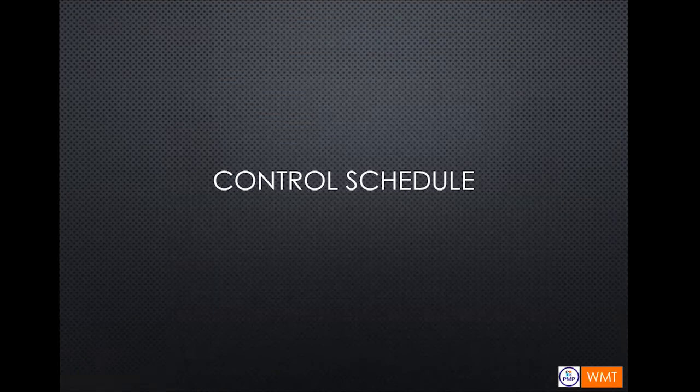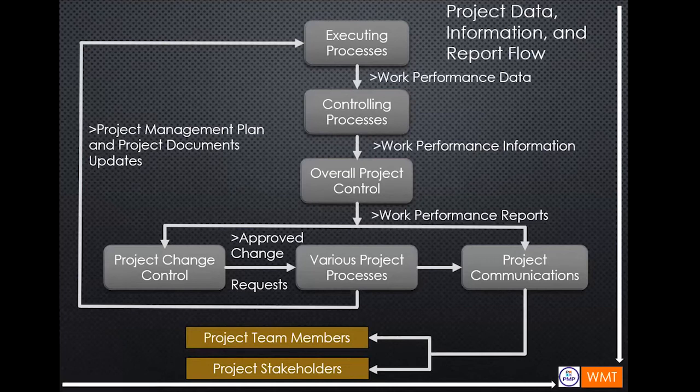So we go to control schedule. This is the last takeaway. After you finish preparing all your schedule, then it's time to do the monitoring. So how are you going to monitor your project schedule or progress?